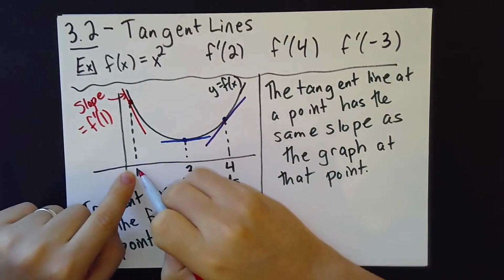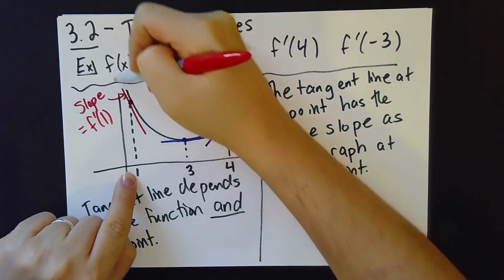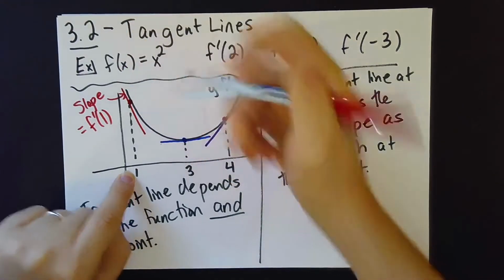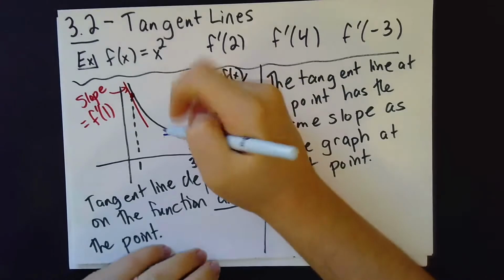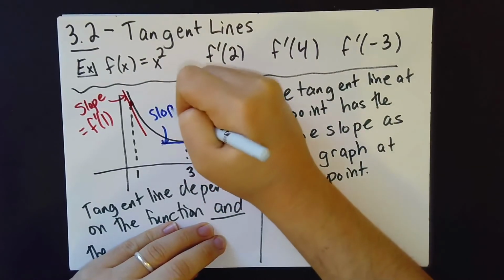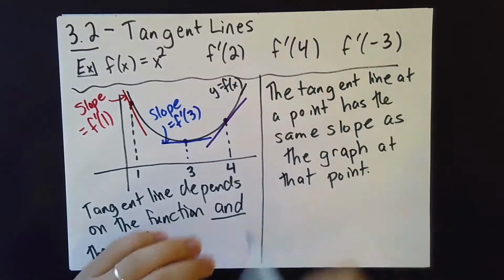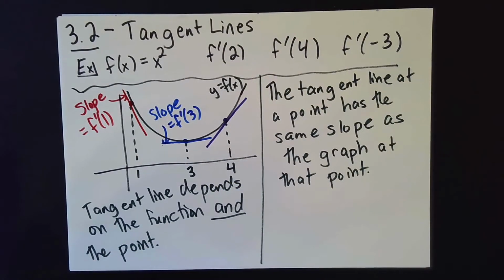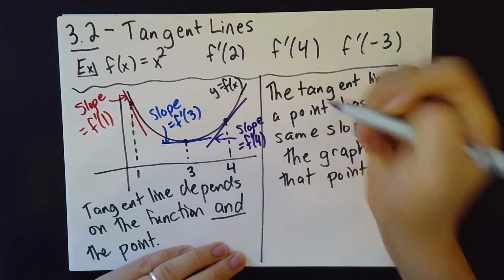So the x-coordinate of this point, the input of this point, the derivative exactly tells me the slope of this tangent line. Likewise, this blue line has slope f prime of 3. And this purple line has slope f prime of 4.